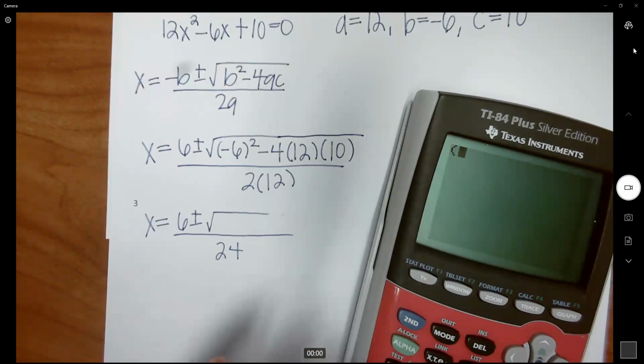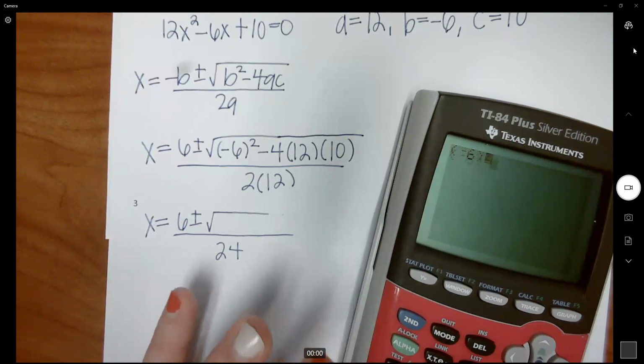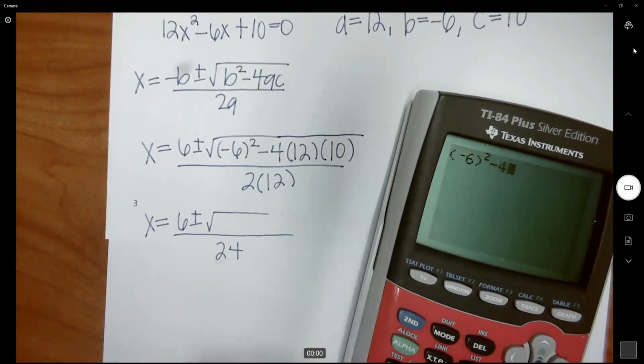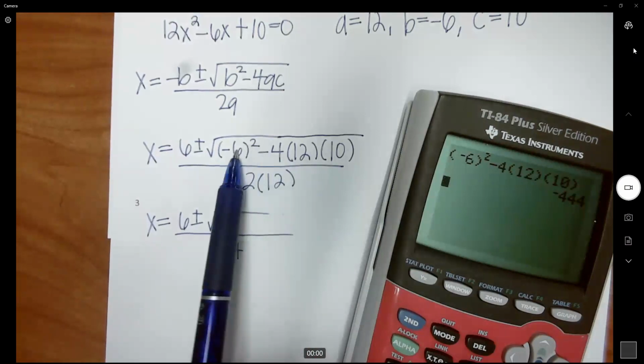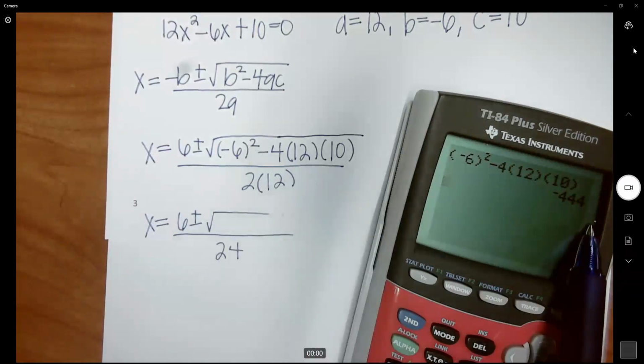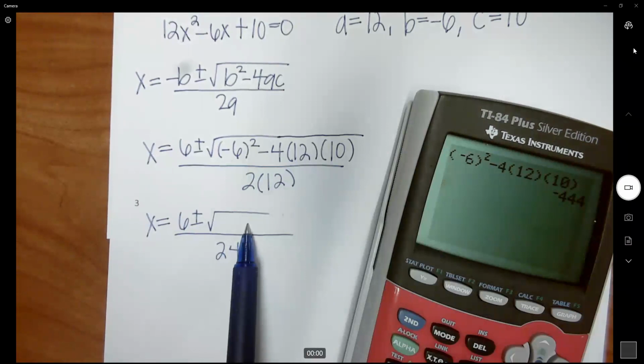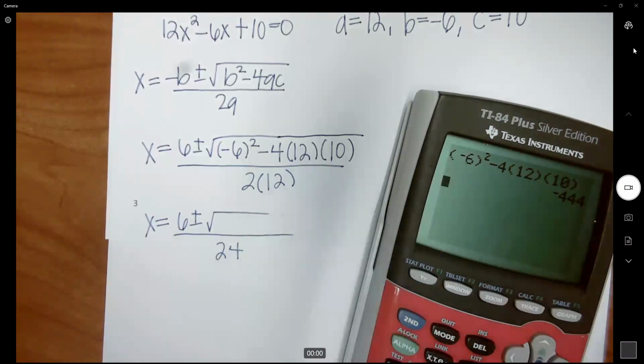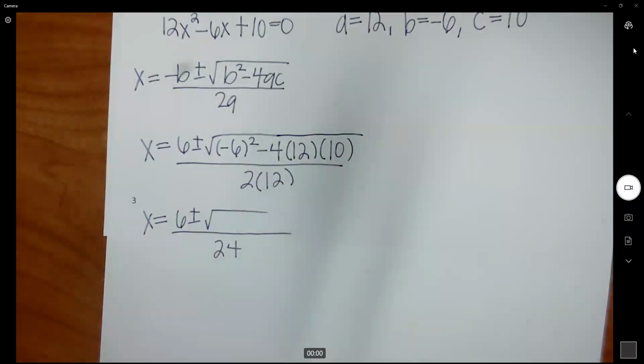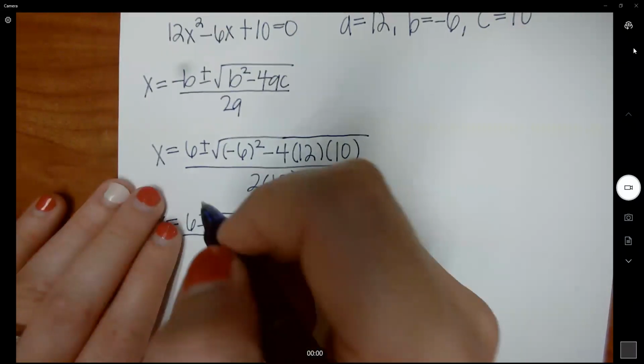So I get parentheses negative 6 squared. And if you're not trying to enter this in, I highly suggest you do. Because if you can do this, but then you can't put it in and get a number here, then that doesn't really help you. Make sure you know how to put these in the calculators, guys. So I get negative 444.